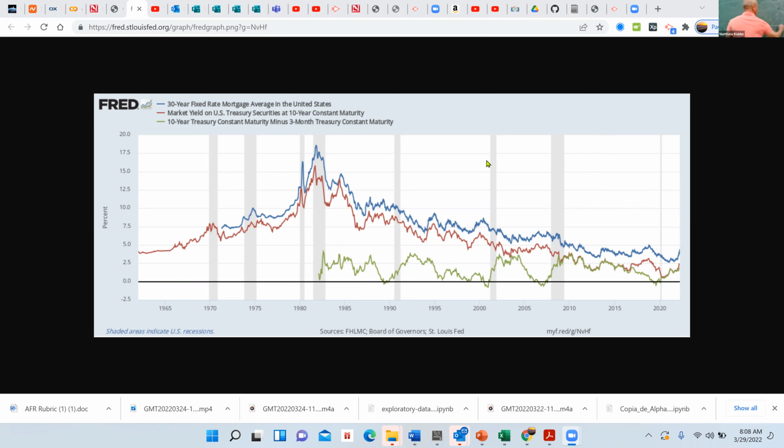So start your model. Make sure you label everything again. Always get in the habit of that. And put yourself in a long run equilibrium. Okay, start off there.